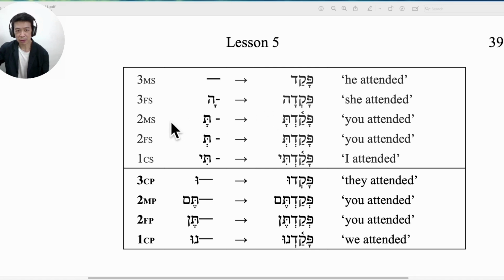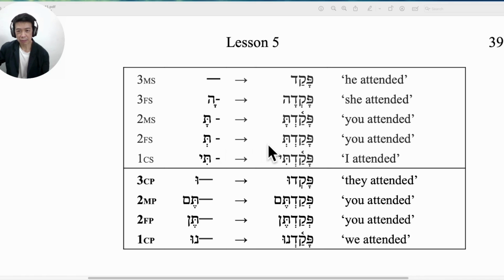For the second person masculine singular, a ta, meaning a tav with a kamats, is added to the end of the word. So for you attended, it will become pakadta. For second person feminine singular, a tav with a shva is added to the end of the word.